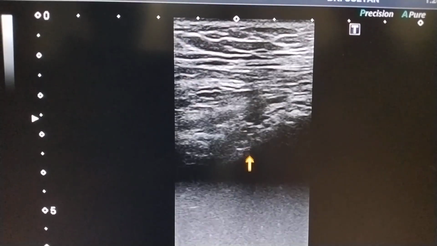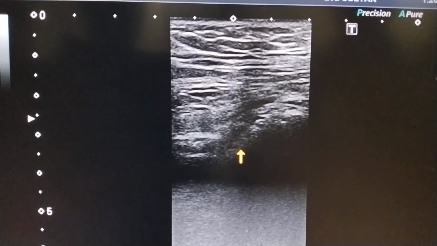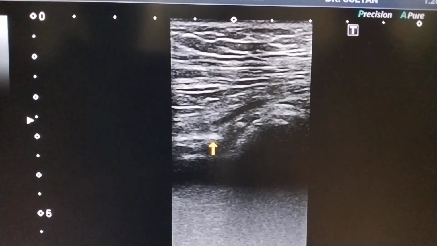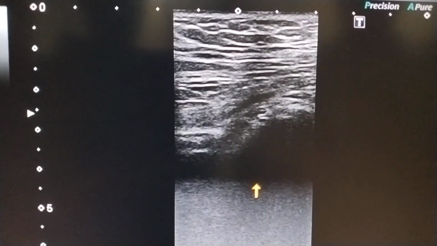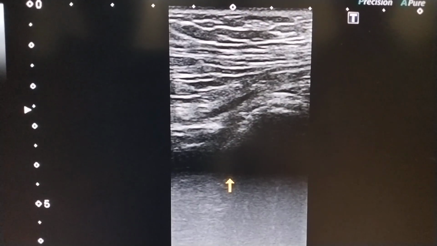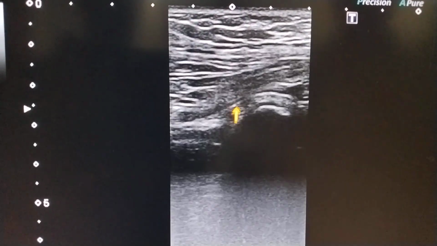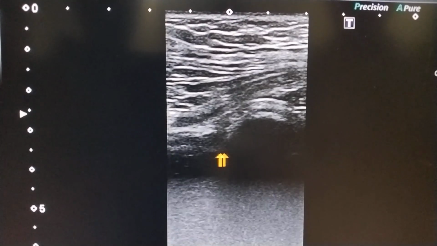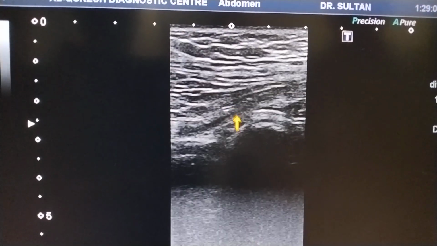Here is the conjoint tendon, which becomes weak when a direct hernia occurs. This is the abdomen, which is not visualized due to the deeper structures.